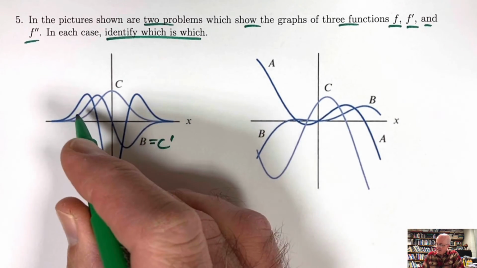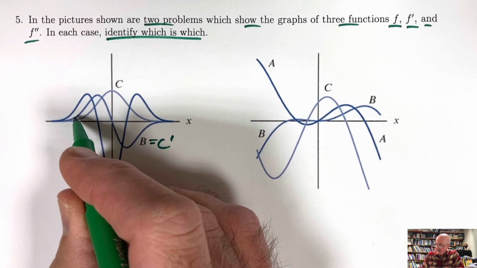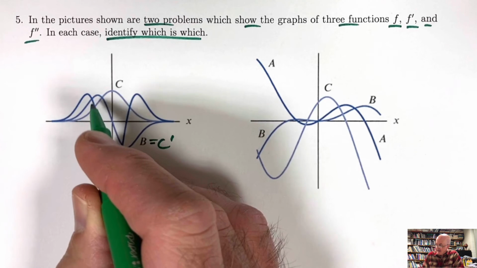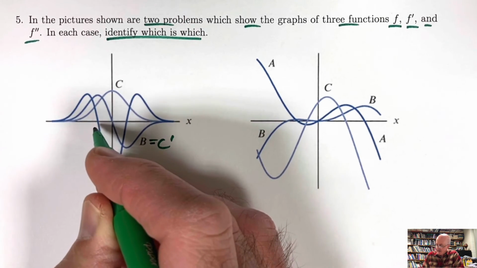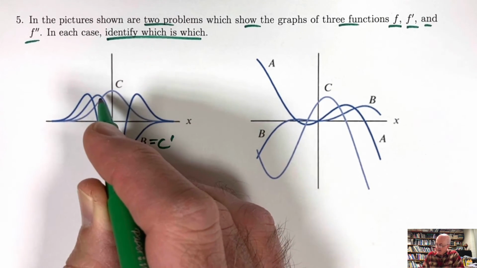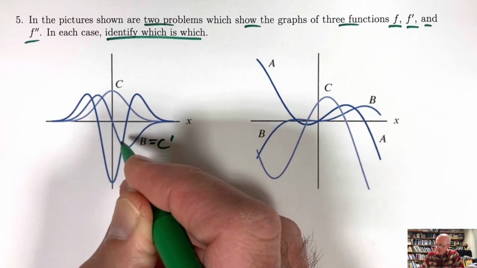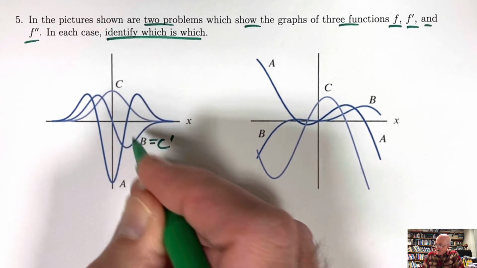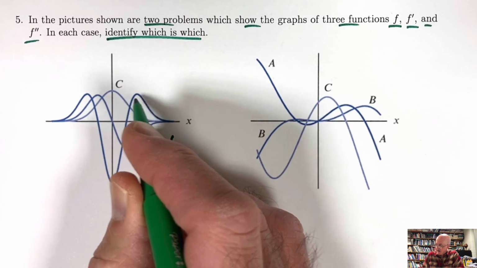What's the derivative of B? Is it A? The slope of B is positive here, just like the value of A is positive. It's 0 right there, just like the value of A is 0. This is looking good. And then it's negative, just like the value of A is negative. 0 here, just like the value of A is 0. And positive here, just like A is positive in output.